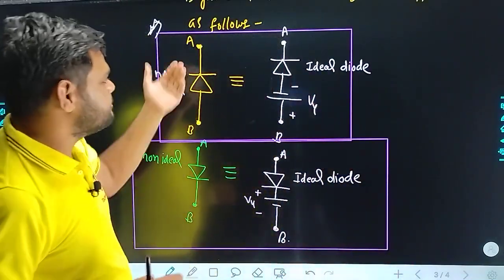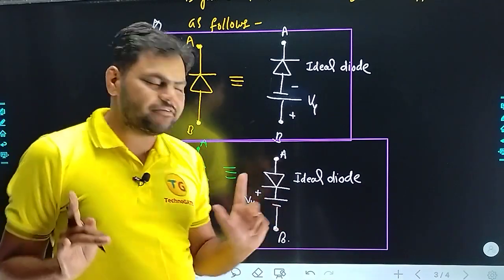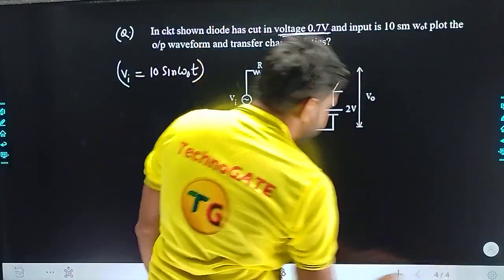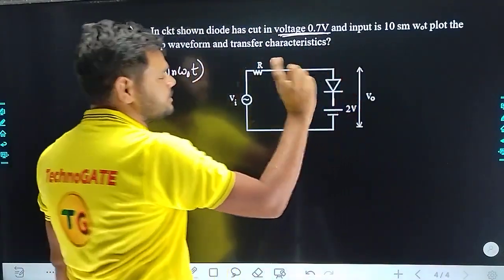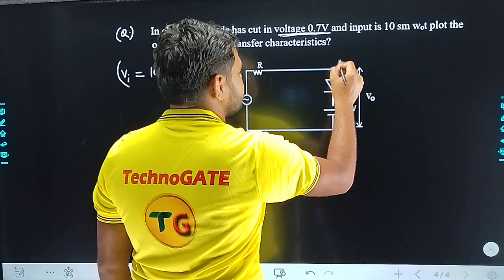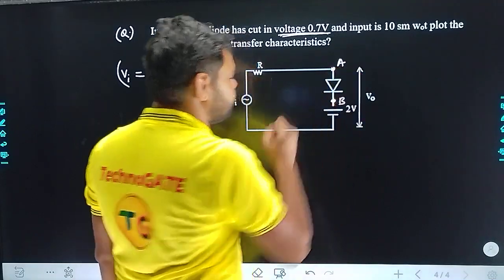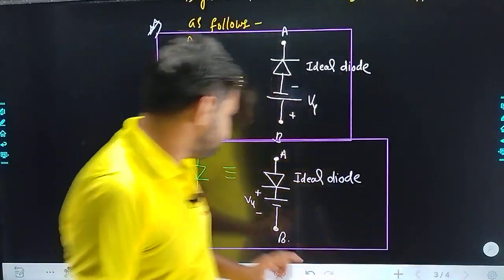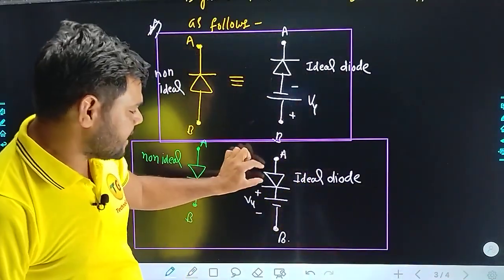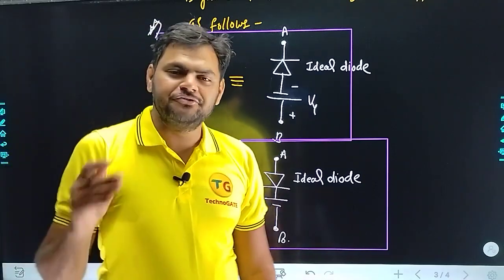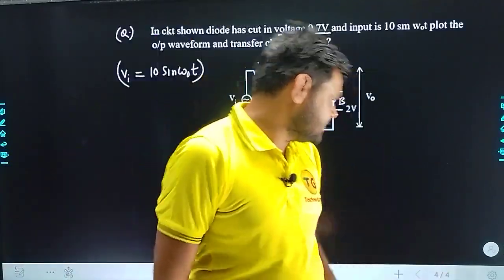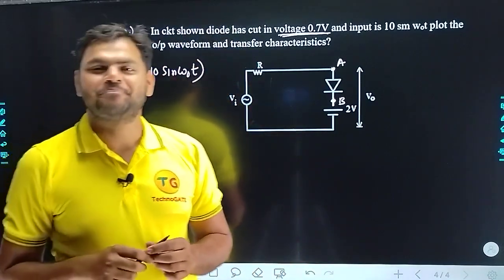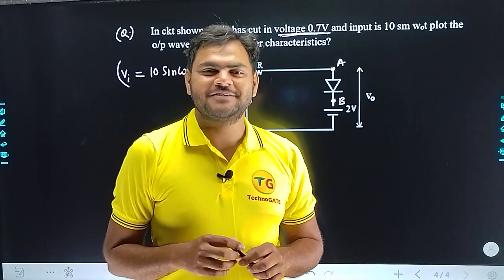Just remove that diode which is connected over here, taking one terminal as A and the other as B. Remove this practical diode and simply replace it with an ideal diode and the V gamma battery. You will have the complete analysis. So this time I am expecting its exact analysis from your side. So this will be homework for you.